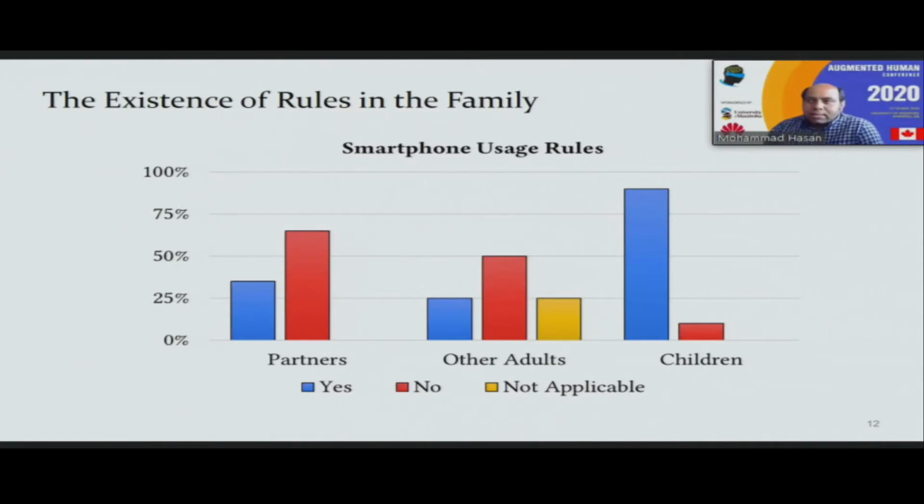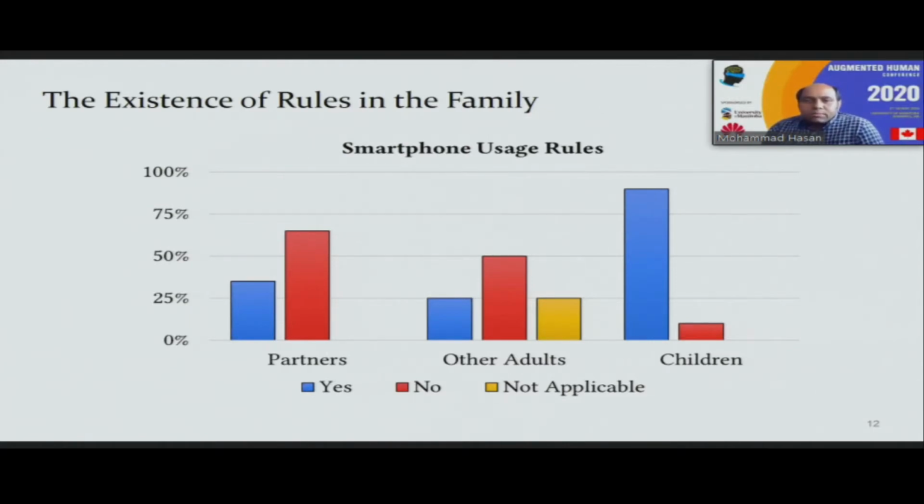This chart shows participant responses on different rules for different groups of family members, like for their partner, for children, and for other adults. In the questionnaire, we explicitly asked them whether they have any rules for their partner, for their children, or for any adult, as you can see in this image.